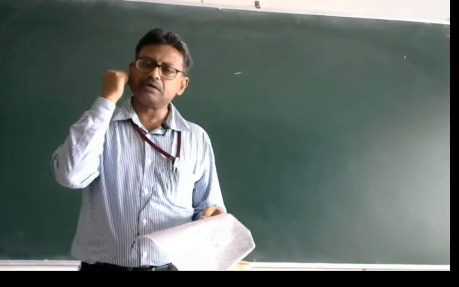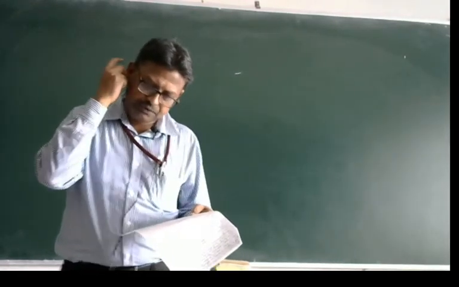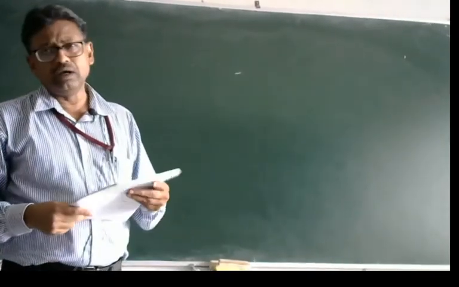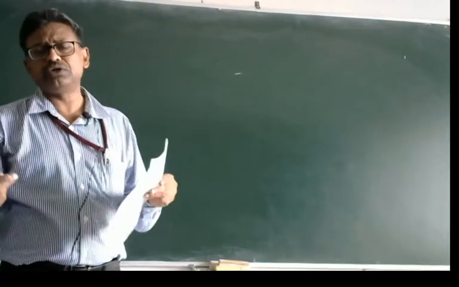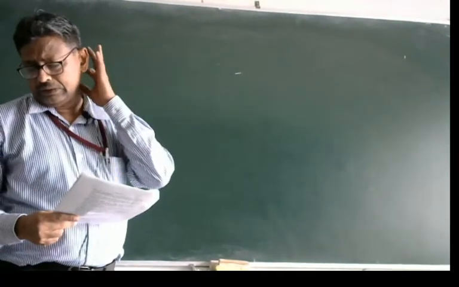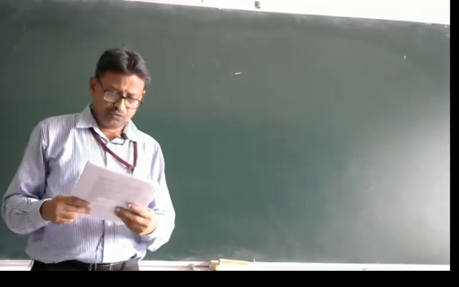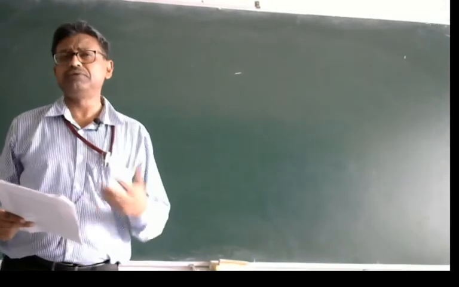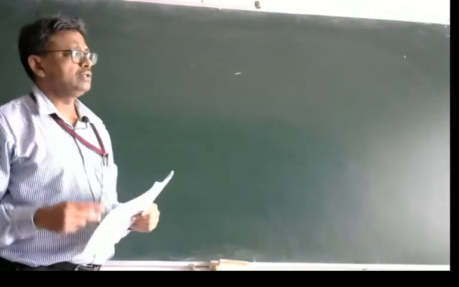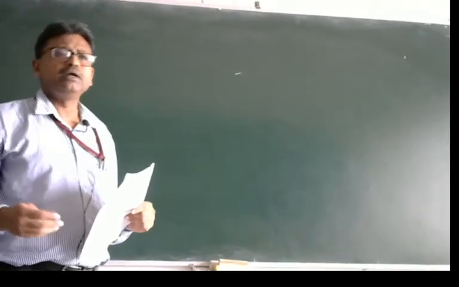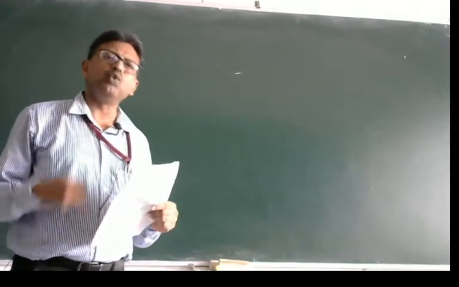Now in a probabilistic algorithm, as I told you earlier also, this algorithm does not guarantee the correctness of the result. However, it is tried that the probability of error should be minimized, and whatever it results should be correct most of the time.